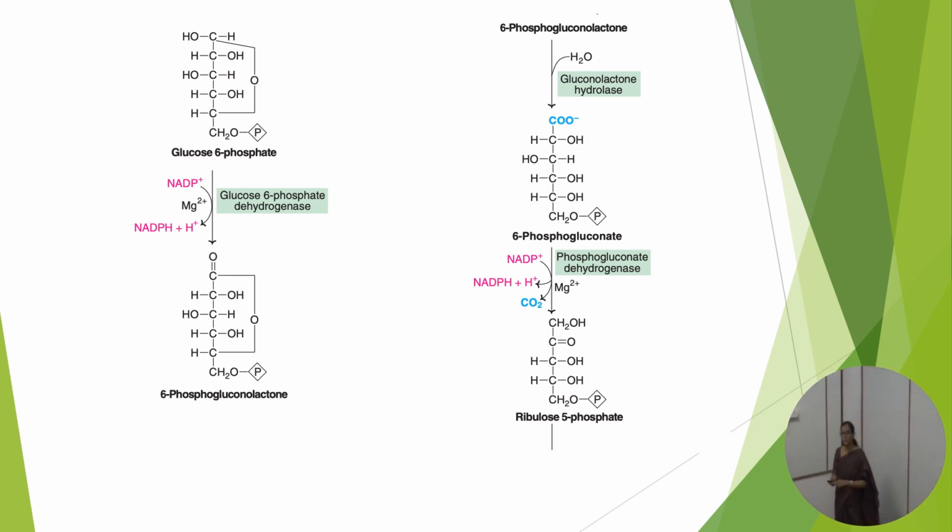This 6-phosphogluconolactone undergoes hydration and forms 6-phosphogluconate. This 6-phosphogluconate again undergoes oxidative decarboxylation with the help of phosphogluconate dehydrogenase enzyme, and this is also NADP dependent enzyme. So in that way, it forms ribulose 5-phosphate. So this is regarding the oxidative phase of the HMP shunt.